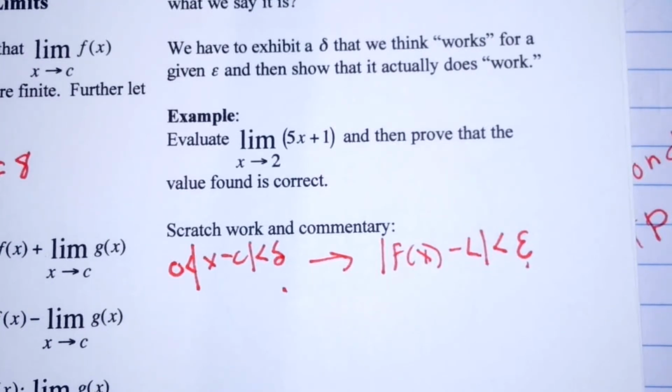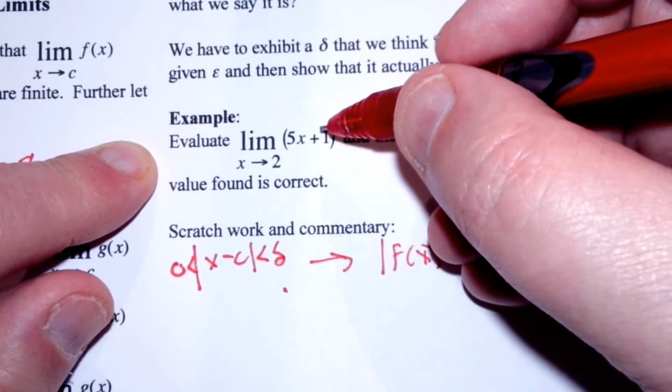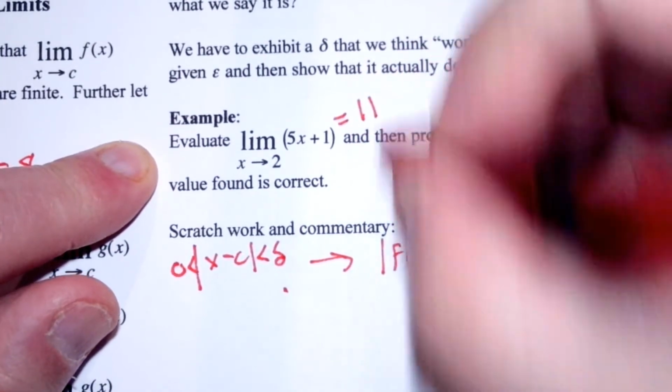Alright, so again, we're just going to be doing scratch work that we can use to turn into a proof. Let's get started with this. Here we have that the limit as x tends to 2 of 5x plus 1 is, let's see, that would be 11 if I'm not mistaken.